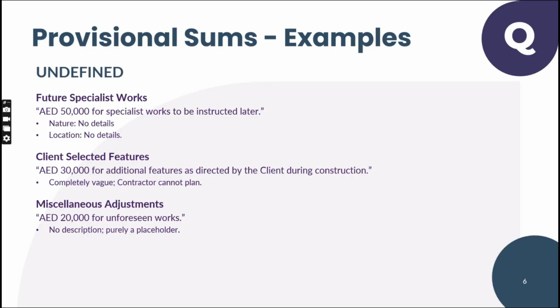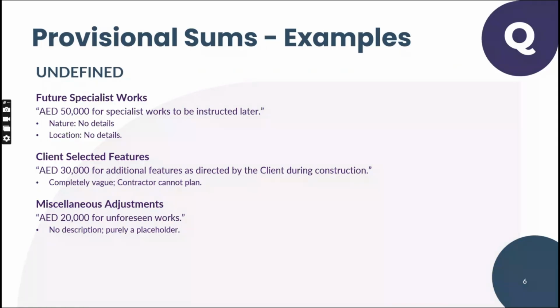Okay. Third example, miscellaneous adjustment for unforeseen works. What is that? What miscellaneous adjustment? What unforeseen item? This kind of completely vague, unqualified item, where you don't know what is there, what the nature or location is, and how you're going to fix it, is called an undefined proportional sum.